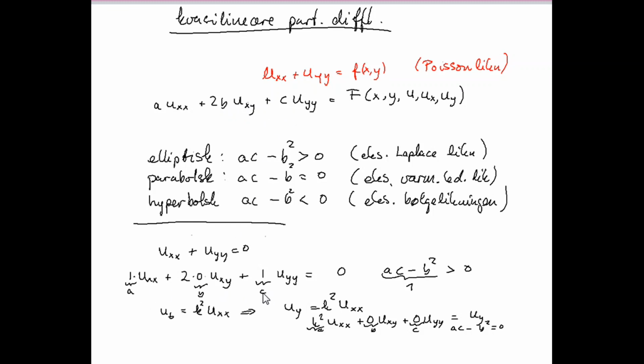On the right hand side the function f is in this case equal to 0 for all values of x, y, u, and so on. So in this case ac minus b square is in fact 1, which is larger than 0. So it's indeed an elliptic equation according to this definition.